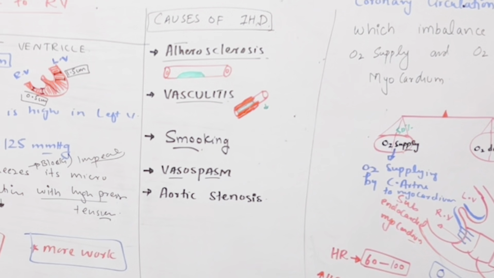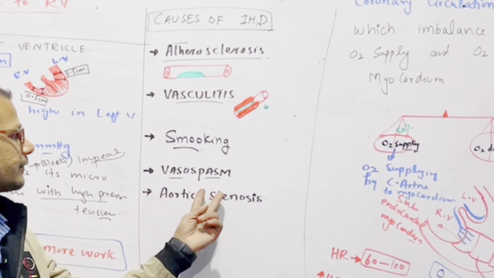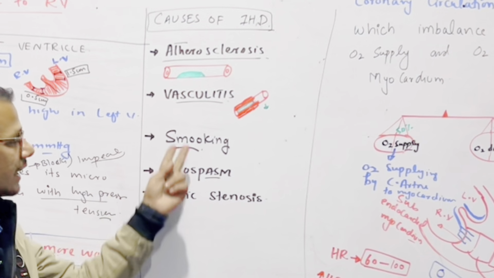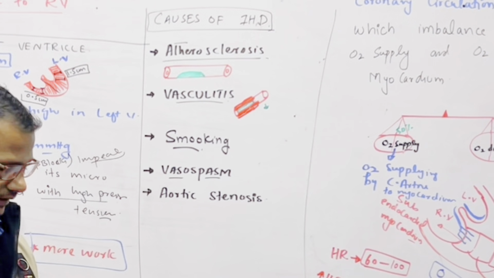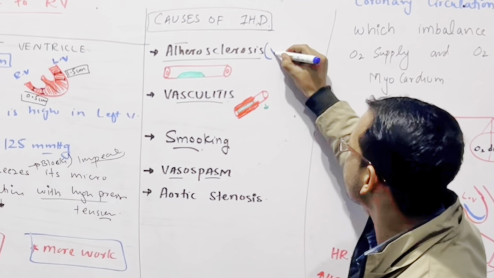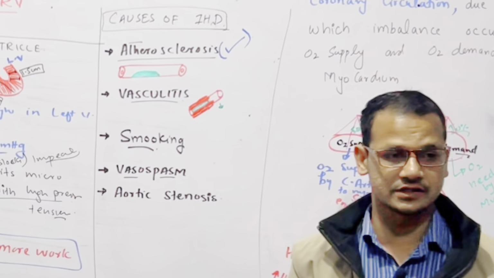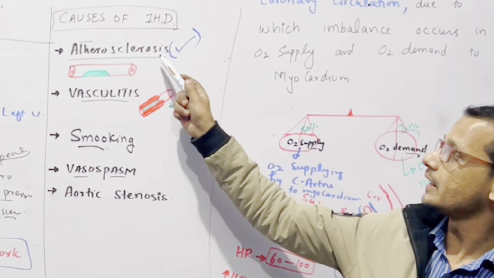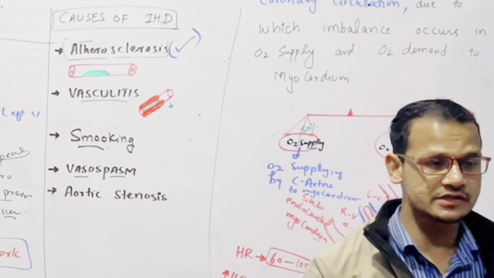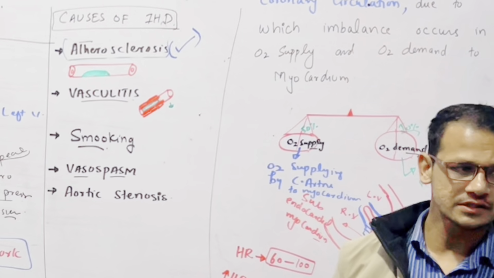So these are the main causes of ischemic heart disease. But among all these, the one and only important cause is atherosclerosis, by which about 90% of IHD is caused, through plaque formation in the coronary circulation.